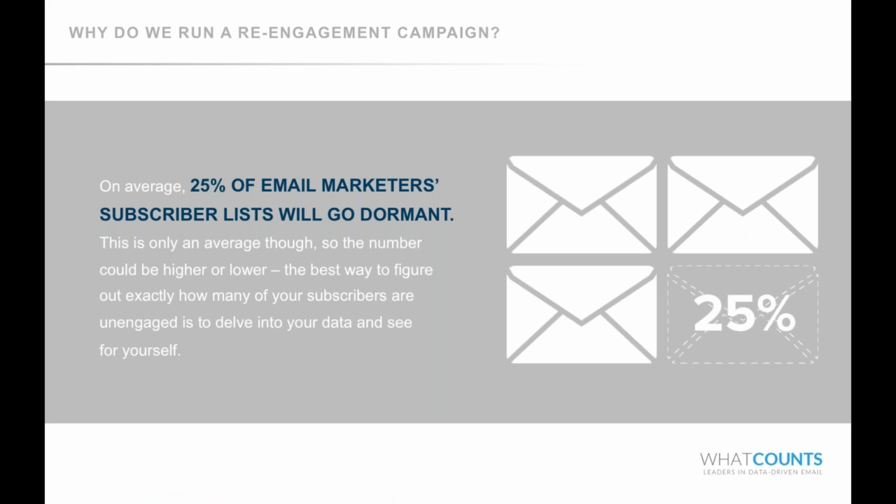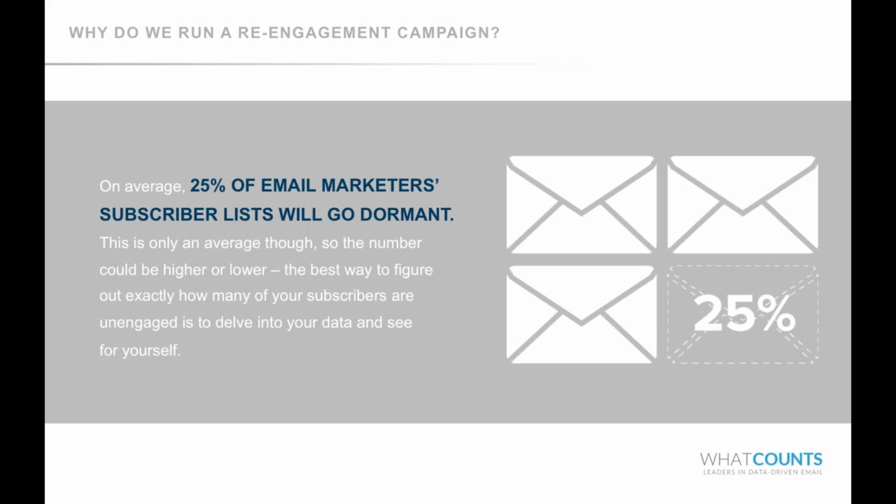So why do we run a re-engagement campaign? We know that it's to find out who specifically on our list can stay and who needs to go, so who is not engaging with our campaigns. We found that 25% of your typical marketer's subscriber list will go dormant.